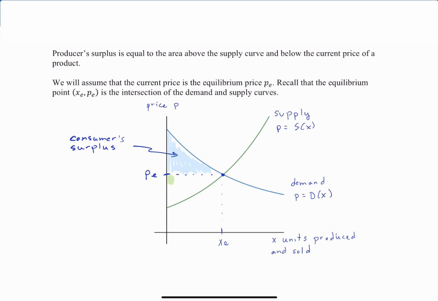And the area below that equilibrium price, but above the supply curve, gives us the producer surplus.